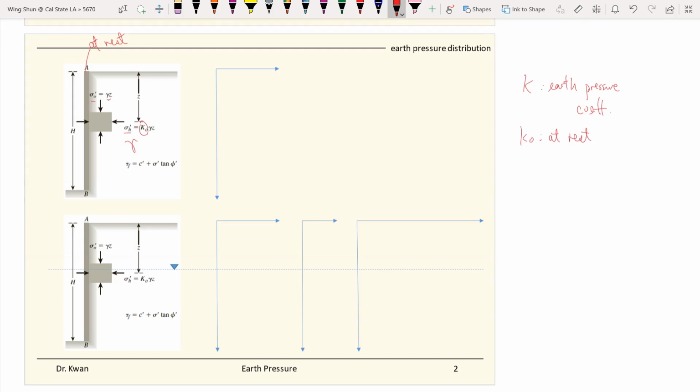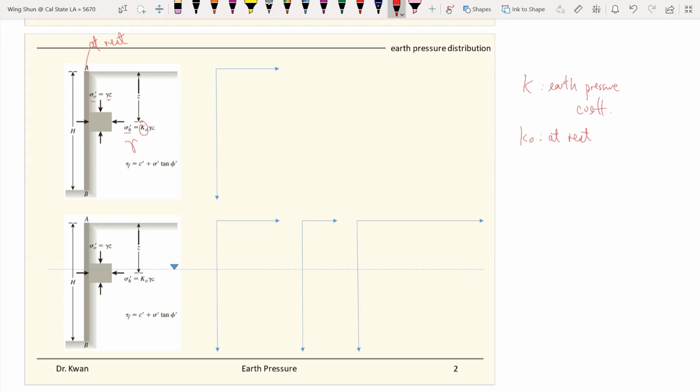We will talk about active and passive conditions, which correspond to the way the wall moves, whether into or out of the soil. But anyway, here is the at-rest condition, so the wall is not moving.